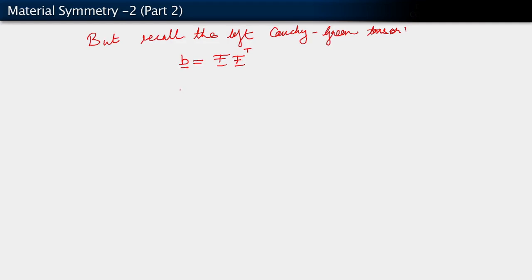What we showed back then is that V squared equals B. So, since material isotropy implies that psi as a function of F should be a function of V, we observe that it can also be a function of B, for isotropy only.